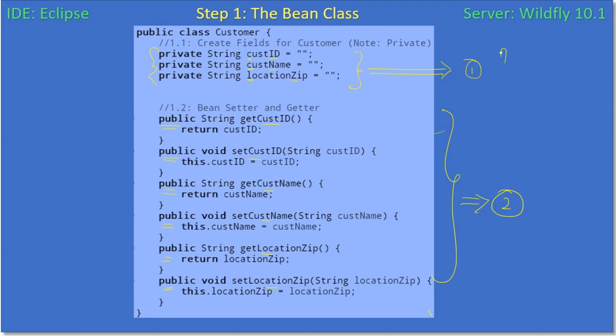We have a field and we have a property. Since we followed this camel case for fields, and since we have properties, this customer class, even though it's a simple Java class, can be called a customer bean, a simple bean. It's not an enterprise Java bean, it's just a normal simple bean.